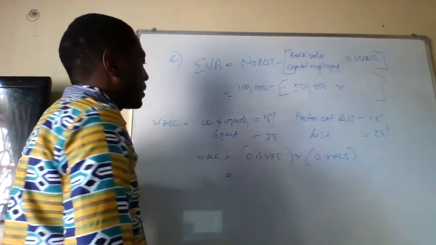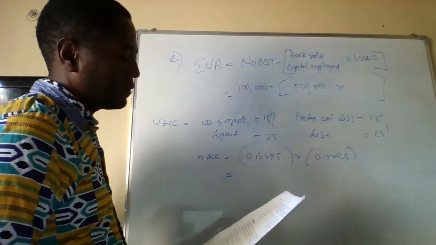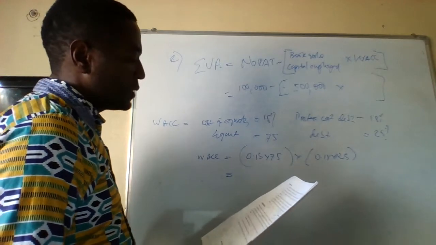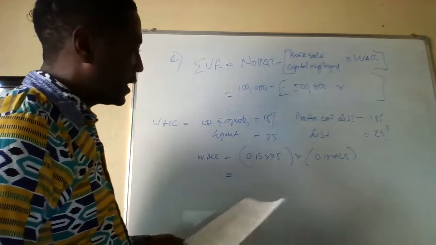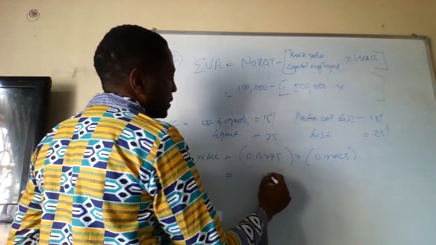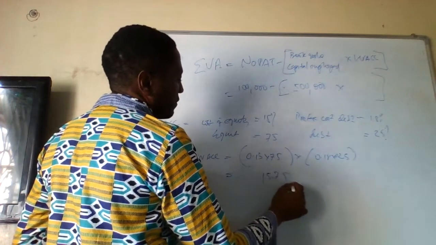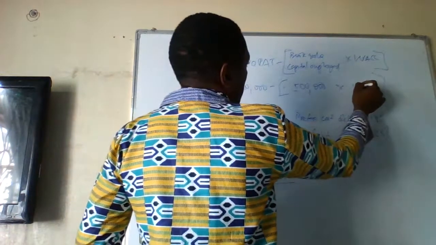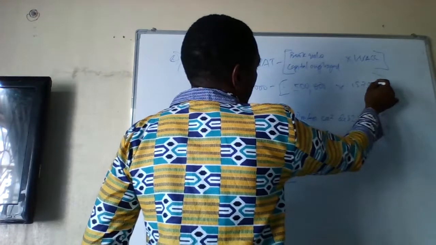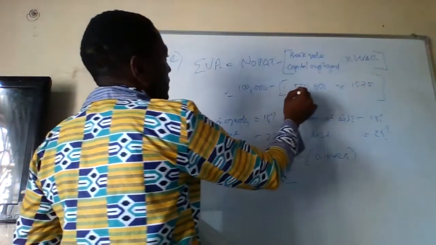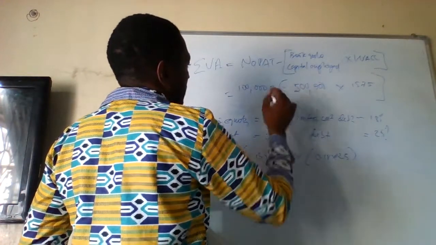When you compute that with the calculator, you are going to get WACC as 15.75. So this is what is needed here, 15.75, and not 20% as in the question.